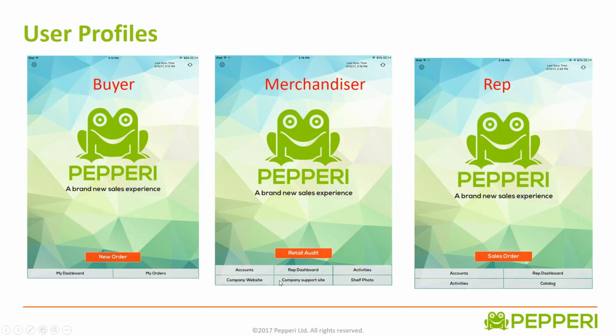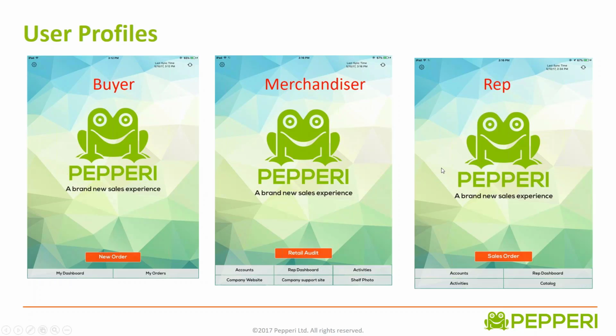This is just one example of one screen you can configure differently for the merchandiser that's doing audits, that's able to connect to different sites of the company, to do photo activities and things like that a merchandiser specifically as a role in your organization has to do.